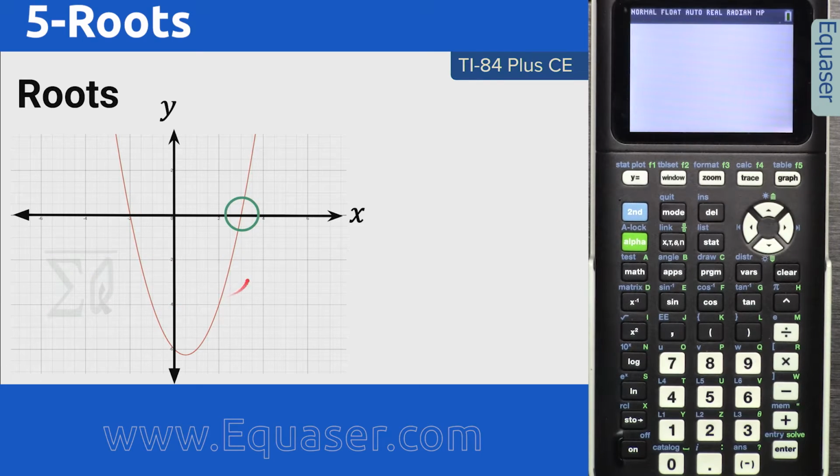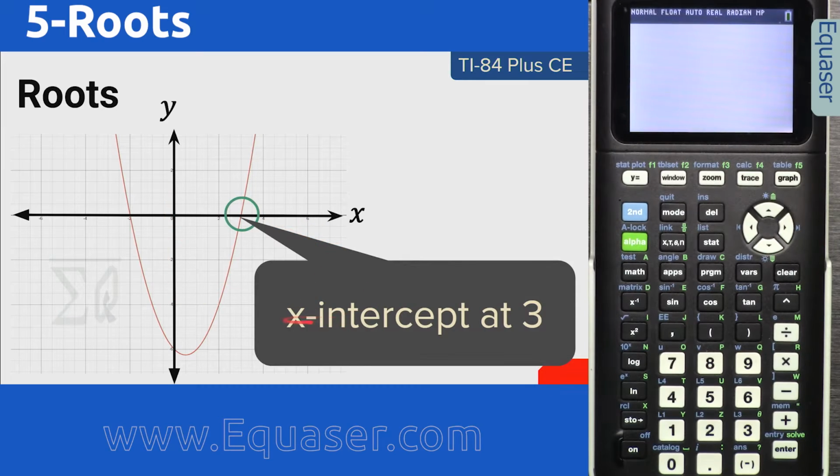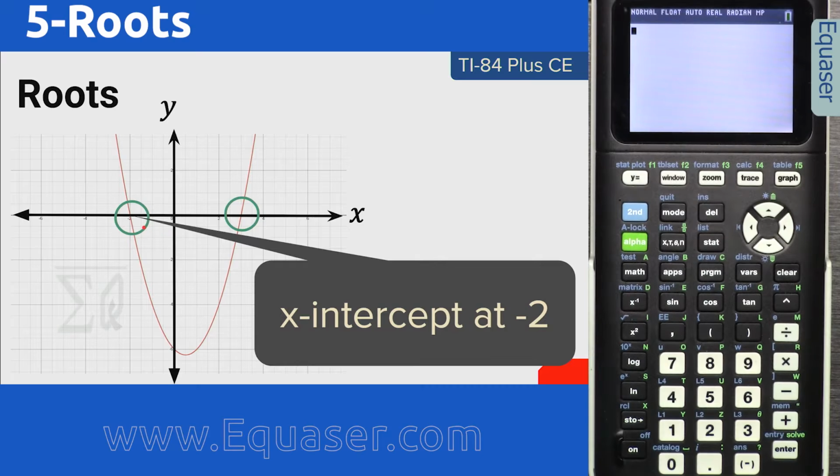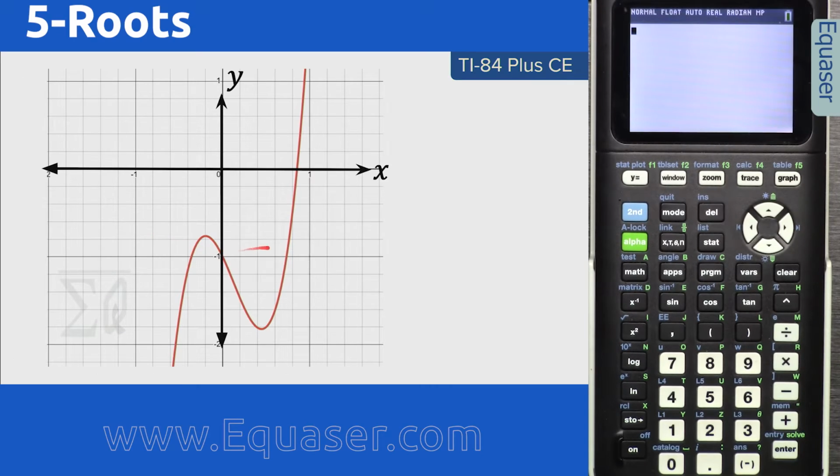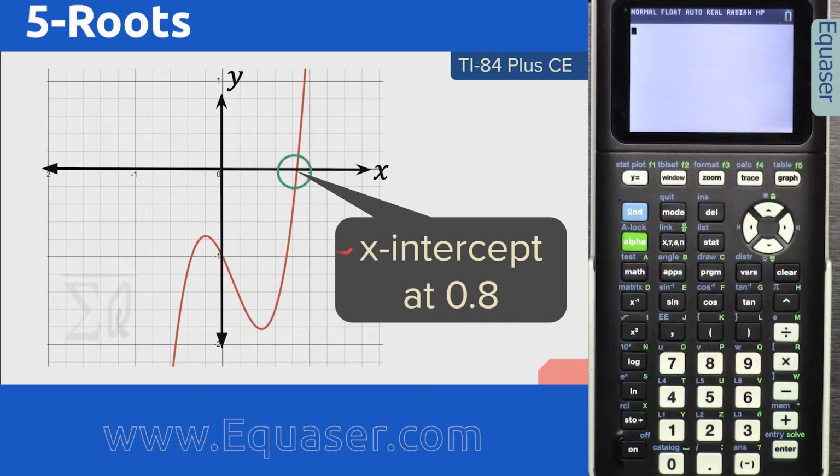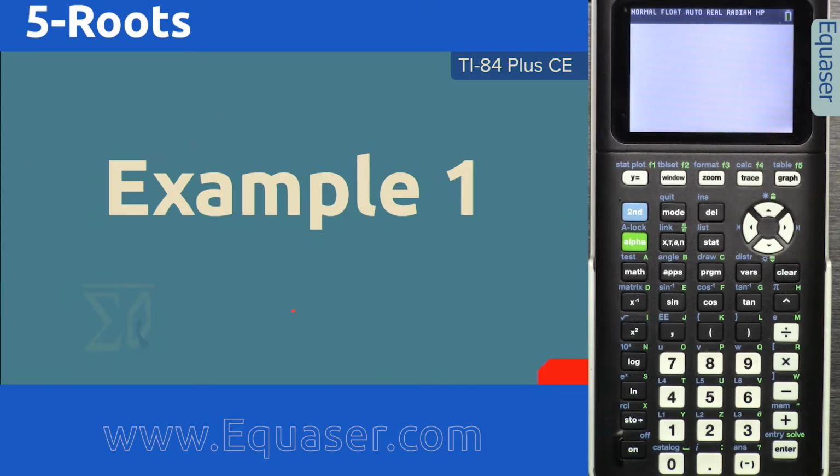The plot is crossing the x-axis, or x-intercept, for example, at 3, and this is at -2, or in this case, this is x-intercept at 0.8, and then we have imaginary roots in here because this is a third degree.